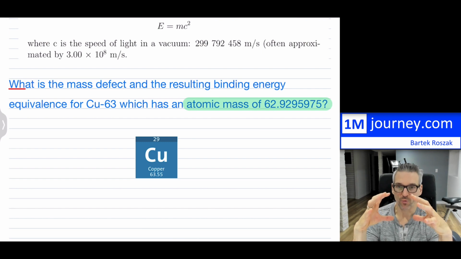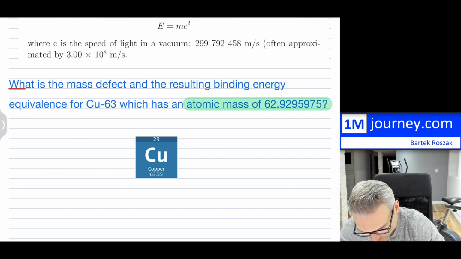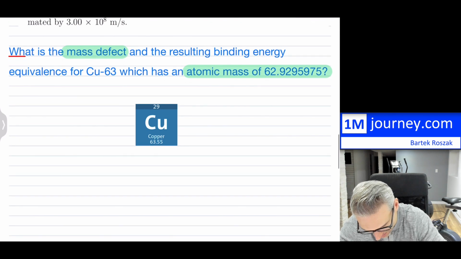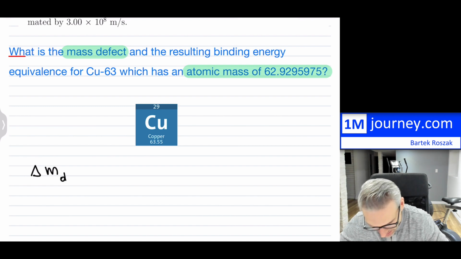Now, in order to find the mass defect, let me just abbreviate it in here. I'm going to say that this is the change in mass, and put a little d for defect.